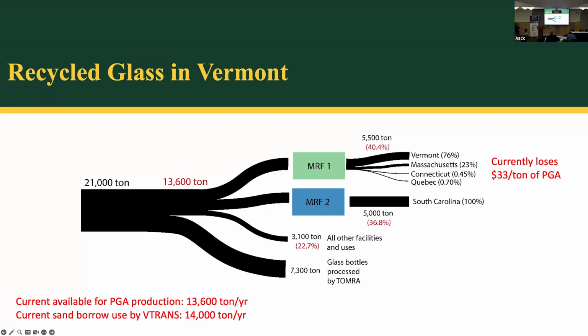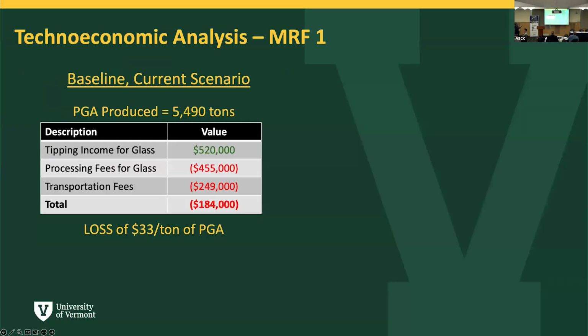Facility 1 currently loses $33 per ton of PGA. They earn $520,000 in accepting the glass, but they spend about $455,000 in processing it, and another $250,000 to ship it out or to stockpile it.